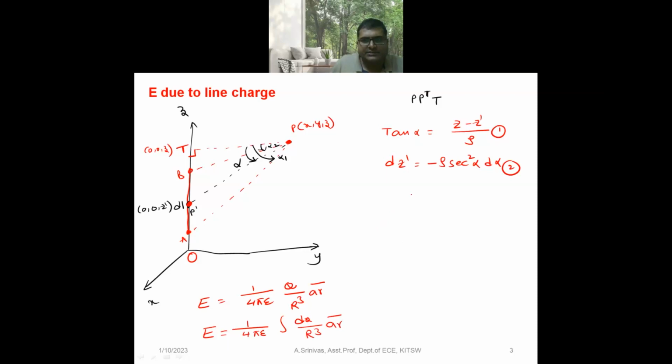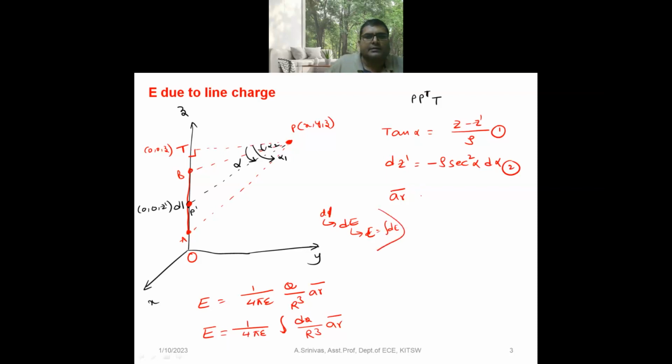Now what we require is the position vector ar bar. Always at what point we are going to calculate, that point we'll consider first. Here due to differential element dl, the differential electric field is dE, and to calculate the total electric field E, we are going to integrate the electric field due to differential element.